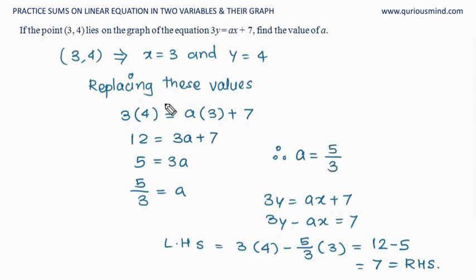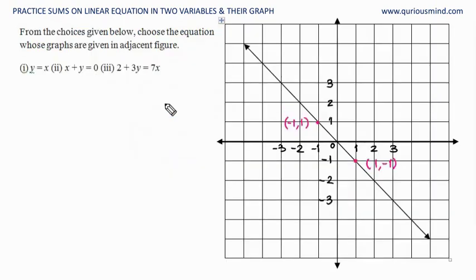Let's do the next one. From the choices given below, choose the equation whose graph is given in the adjacent figure. Now, if you see, the graph passes through the origin. When any line or any graph passes through the origin, its equation is always in the form y is equal to mx.